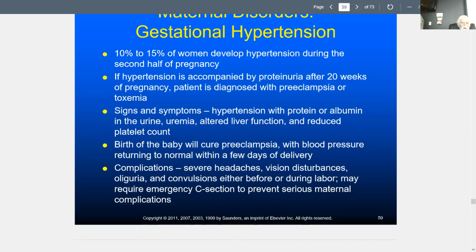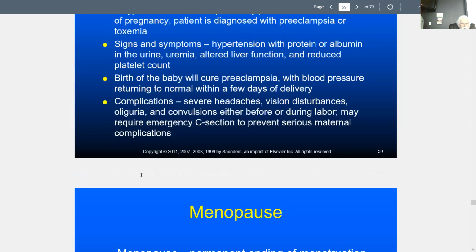Hypertension, gestational hypertension, we monitor that and we try to control it if it gets too high. And we have evidence of preeclampsia or toxicities.